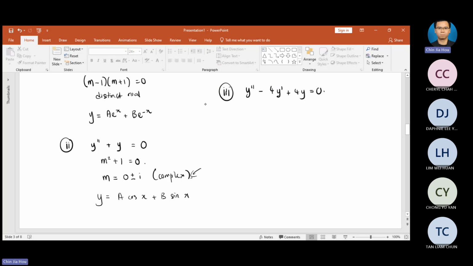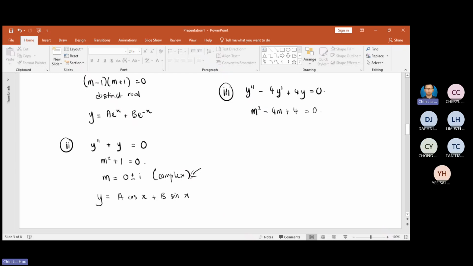So following the rule of thumb, we construct the characteristic equation, which is m squared minus 4m plus 4. Do you need to show off your factorization from here? Well, the answer is no. If you're more comfortable with doing the factorization and getting the values of m from there, you can do that. If not, use a calculator.